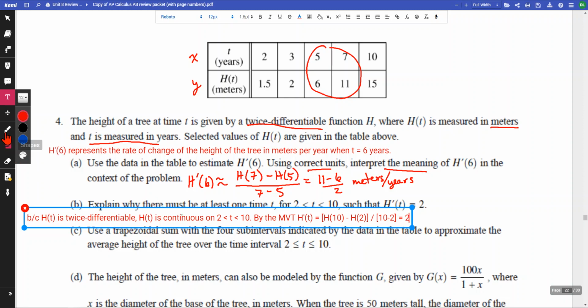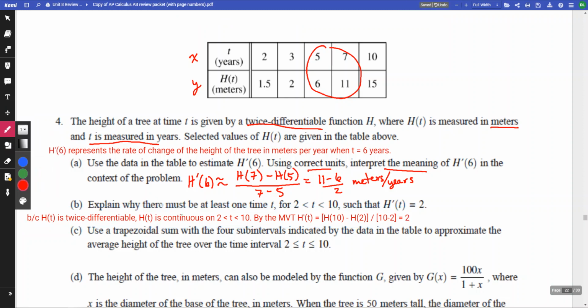So we have a twice differentiable function, which tells us we're continuous on our interval, and by the mean value theorem, that derivative, that instantaneous rate of change, has to equal the average rate of change. So we have that piece that has to be true.